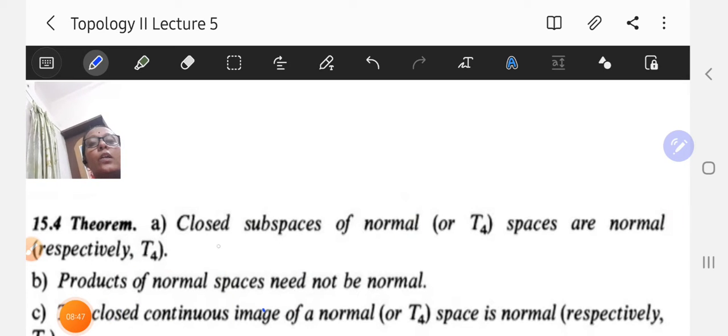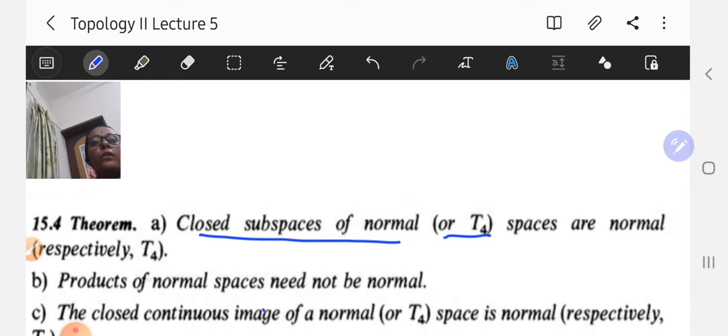That is theorem 15.4. The first result: a closed subspace of a T4 space is T4. We know a normal T1 space is a T4 space, and for subspaces the result is true for T1.